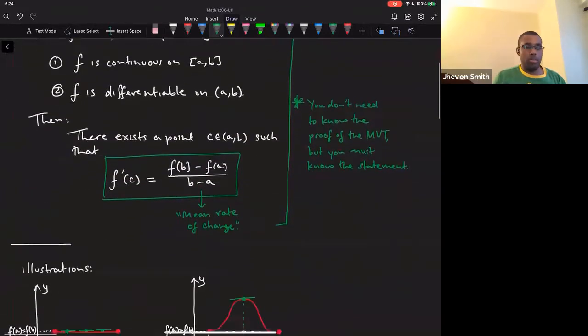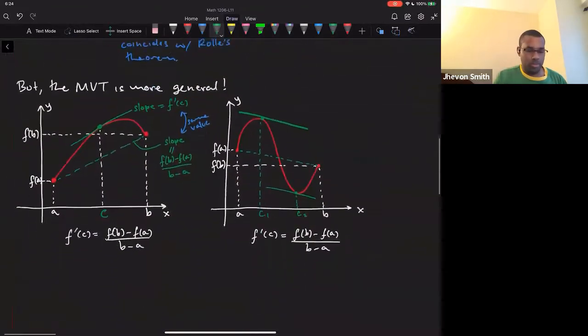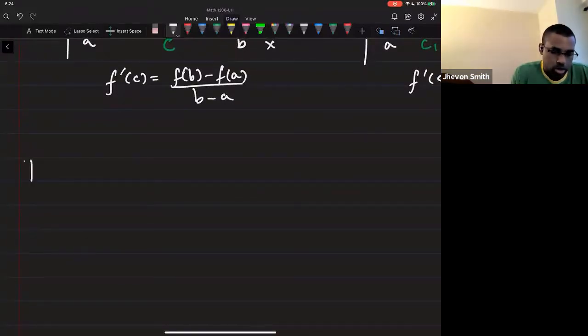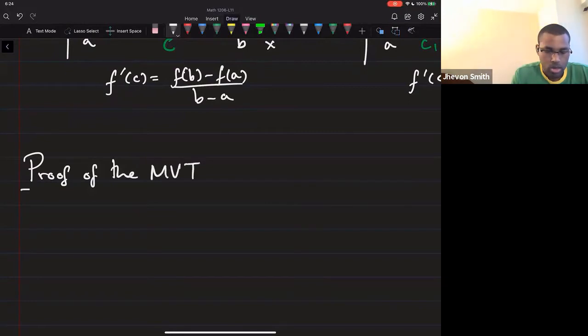Yeah, so that's the mean value theorem. Okay. So now, how do we know this is true?